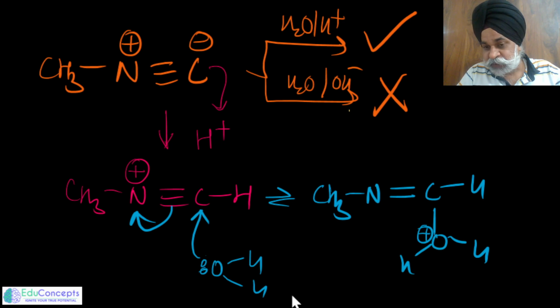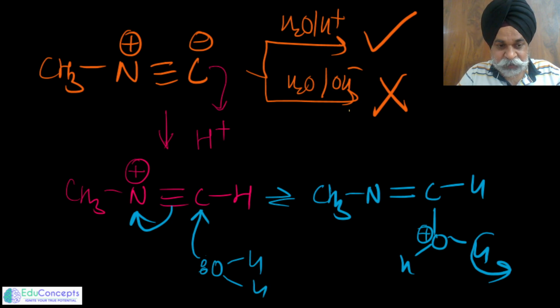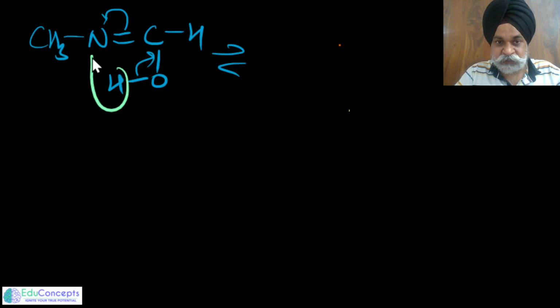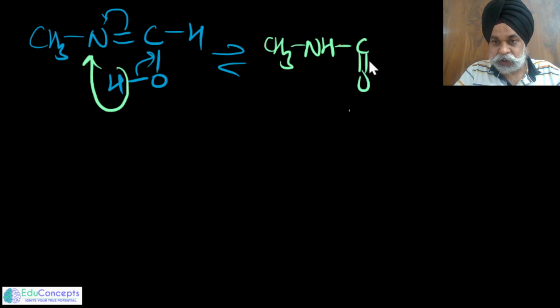Next step, there could be intramolecular proton exchange, or simply H positive has been lost from here and you would get a compound of the type CH3 and double bond CHOH. Now this can undergo tautomerism. The H positive went to this side, so you end up getting NHC double bond OH.